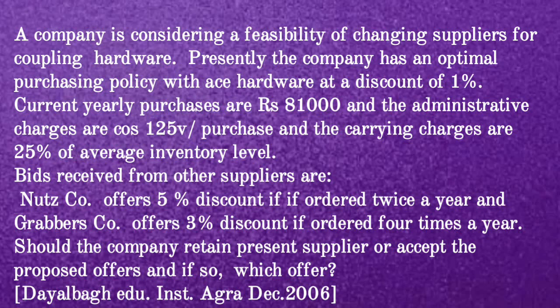Bids received from the other suppliers are: Nuts Cooperative offers 5% discount if ordered twice a year, and Grabbers Cooperative offers 3% discount if ordered 4 times a year. Should the company retain the present supplier or accept the proposed offers, and if so, which offer? This question was asked in Dayalbagh Education Institute, Agra, December 2006.